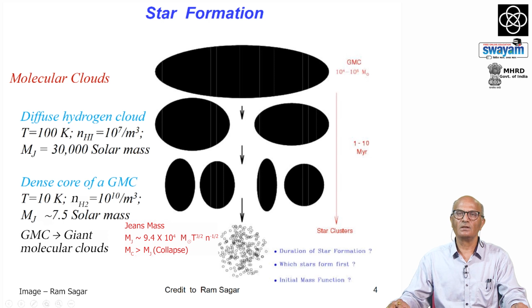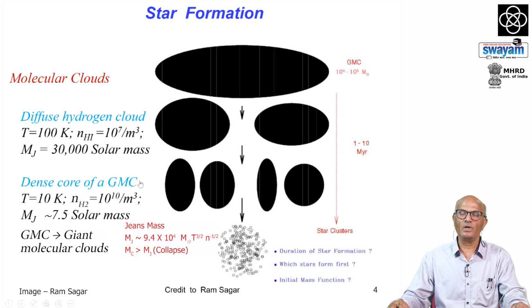The reason is, as you can see, the Jeans mass depends on the density as well as the temperature of the cloud, which is given below, and whenever the Jeans mass is exceeded, the cloud fragments. So, it becomes two parts, and then these two clouds collapse independently.